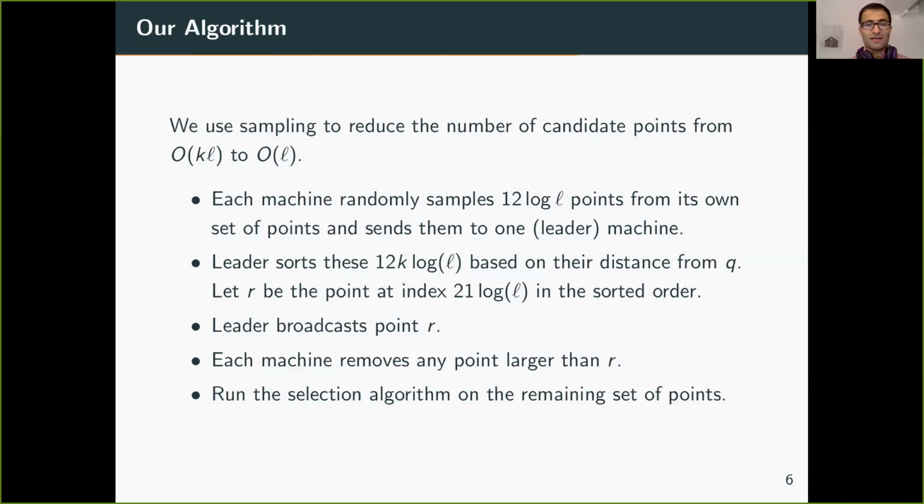The machines throw away the data that they have that is larger than that pivot value R. And then we showed that the search space reduces from kL to L. And then you run the selection algorithm on that. So your search space is L, and your selection algorithm succeeds in log L rounds because your space is L, and then you're done.